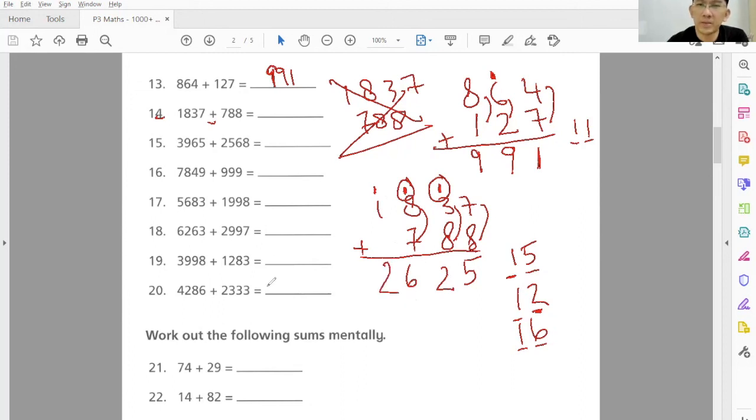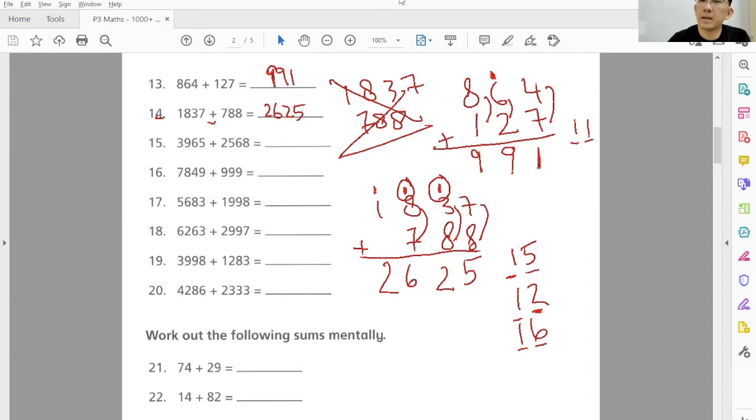Okay. So 1,837 plus 788 is equal to 2,625.